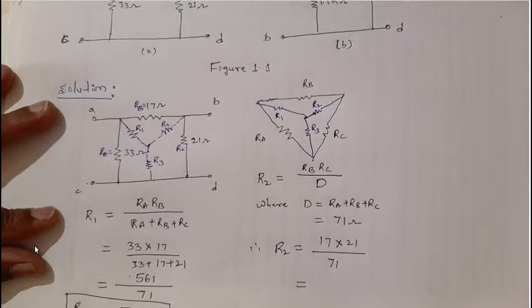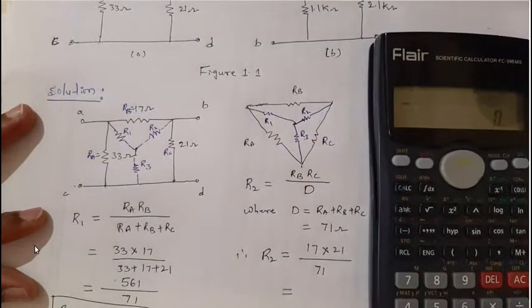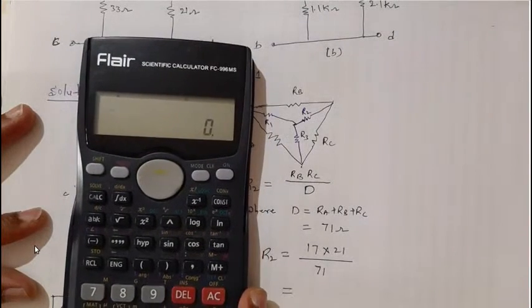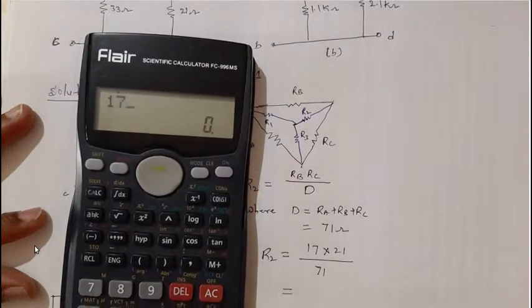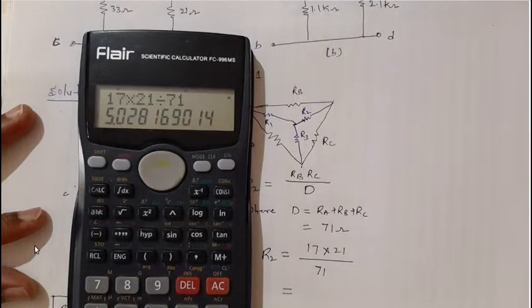Calculating, 17 times 21 divided by 71 gives 5.028 ohm.